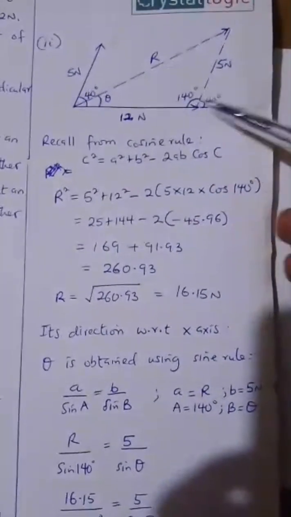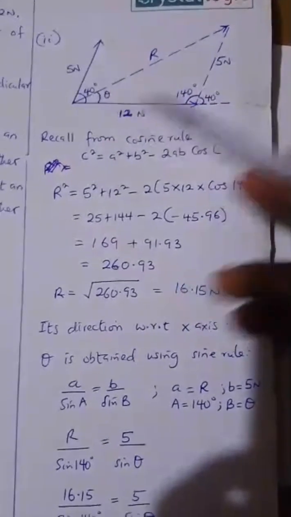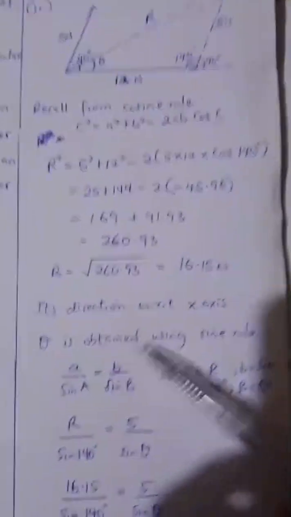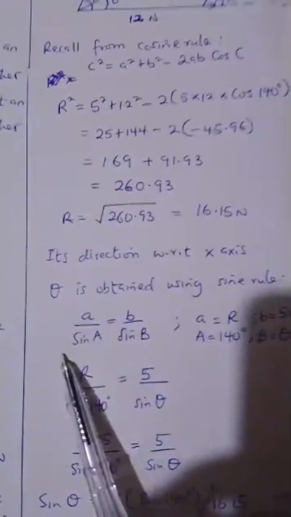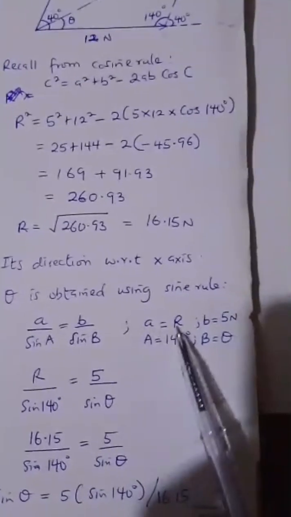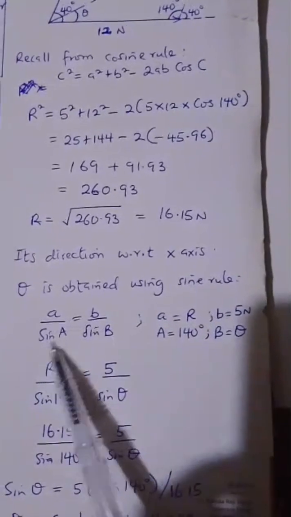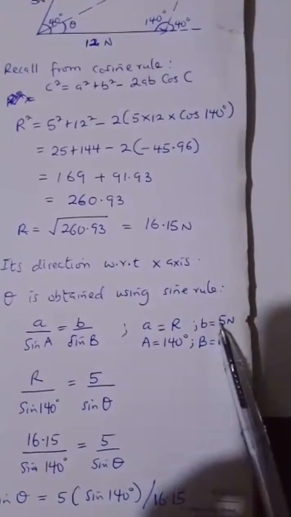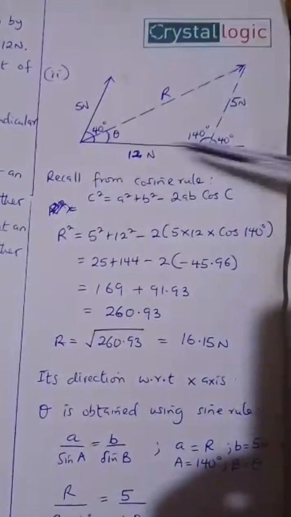Any two sides with their opposite angles can be used within the sine rule, which is a over sine A equals b over sine B. So our a is going to be r, our angle A is going to be 140 degrees, like I said, then 5 Newton and theta.